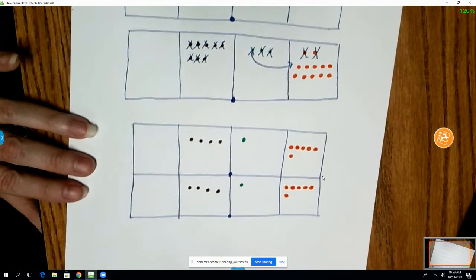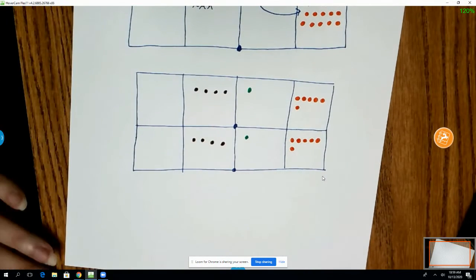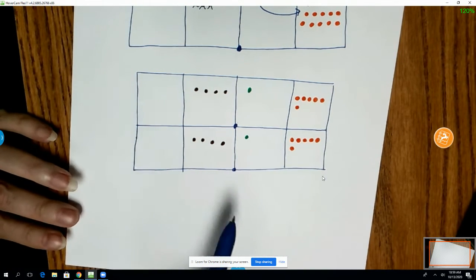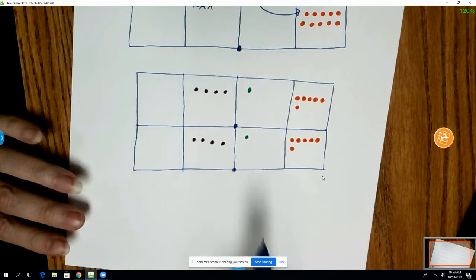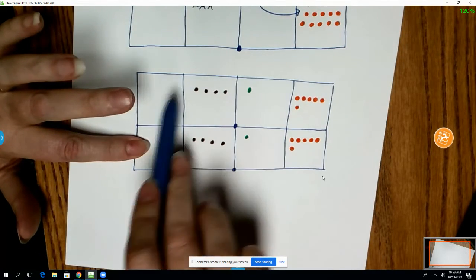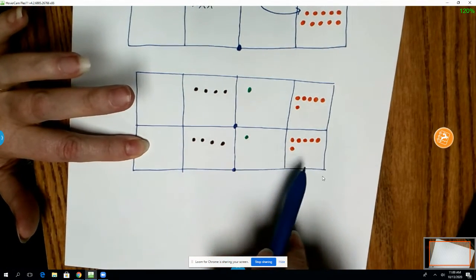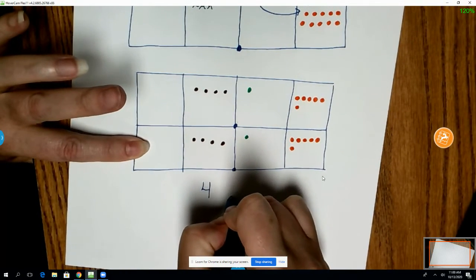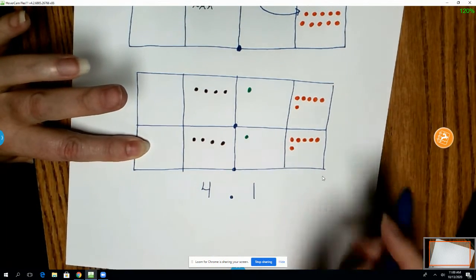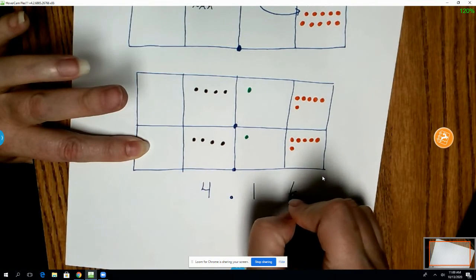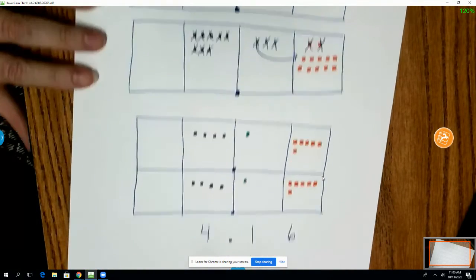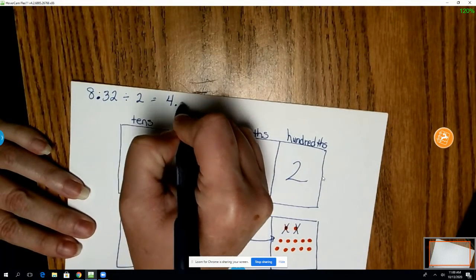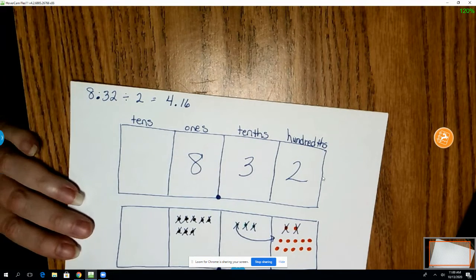Now everything has been divided, and I can write my answer. Remember, I want to see how much is in each group. If they're all equal, I'm just looking at one group. So I see there are 4 ones, 1/10, and 6 hundredths. And so the answer to my question is 4 and 16 hundredths.